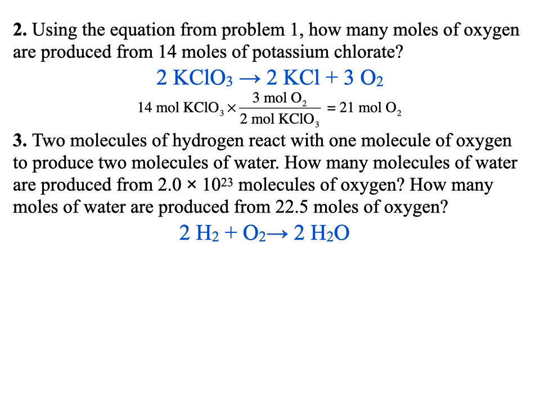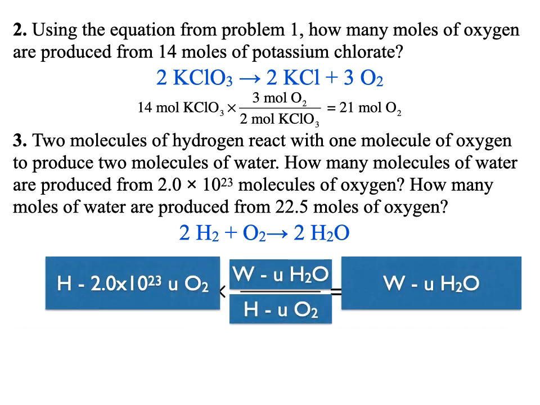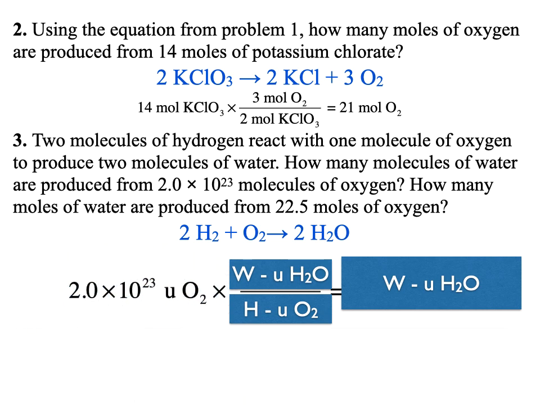So the first problem is I want to go from molecules to molecules. We just learned previously that you can go from representative particle to representative particles using the coefficients as particles. So I have 2.0 times 10 to the 23rd molecules of oxygen.